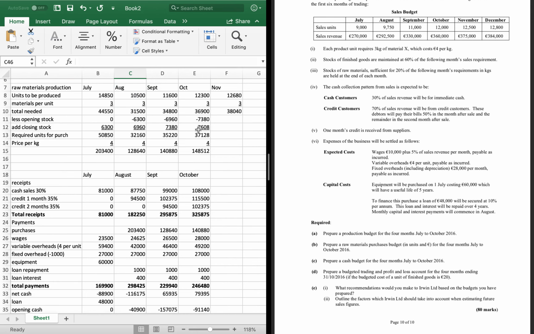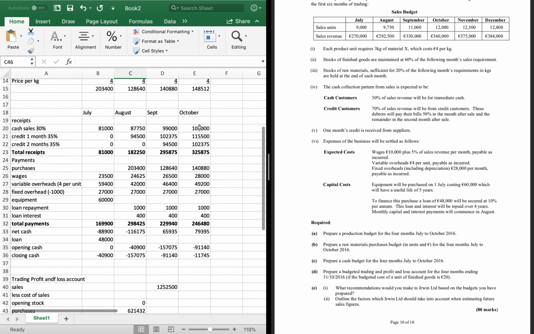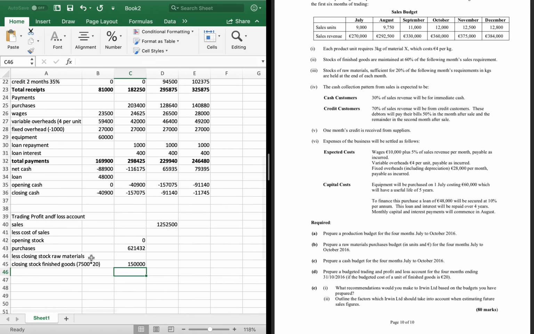The raw materials then, we can look all the way back up here, and our closing stock of raw materials is 7608. Okay, so the raw materials will be 7608. Now they do give us the price of 1 unit of 1 kilo of raw materials. It's €4. Okay, €4 per kilo. So we're going to multiply those by 4.